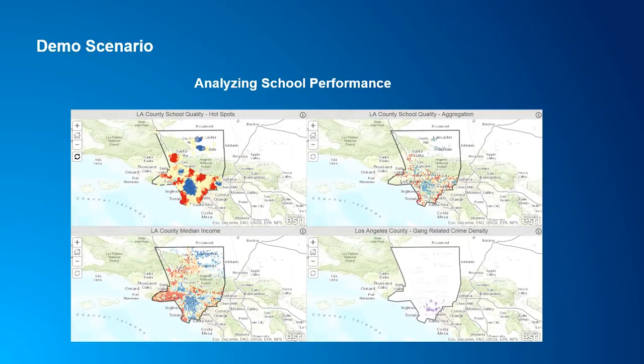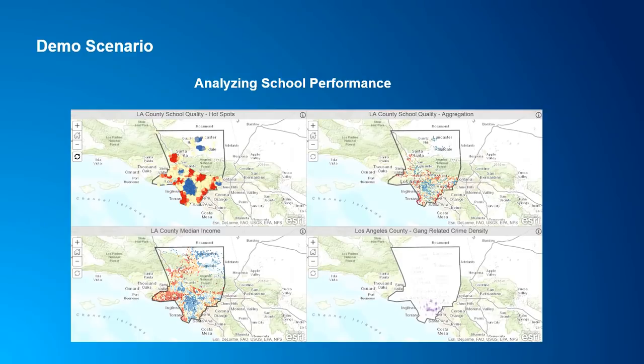What I did was I went to the Department of Education for the State of California. I went to their website and downloaded the public schools data. One of the attributes that the Department of Education made available is called API score. In the state of California, the school is measured based on this academic performance index, and it ranges from 300 to 900.